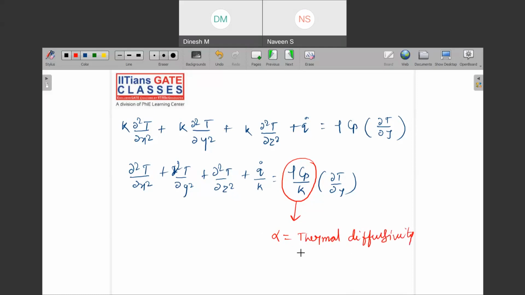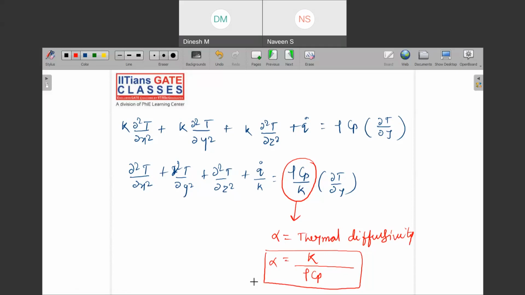And what is this thermal diffusivity? It is the ratio of my thermal conductivity to the thermal storage I can do. So alpha is equal to k upon rho cp. Can you see? So what is this alpha trying to depict?